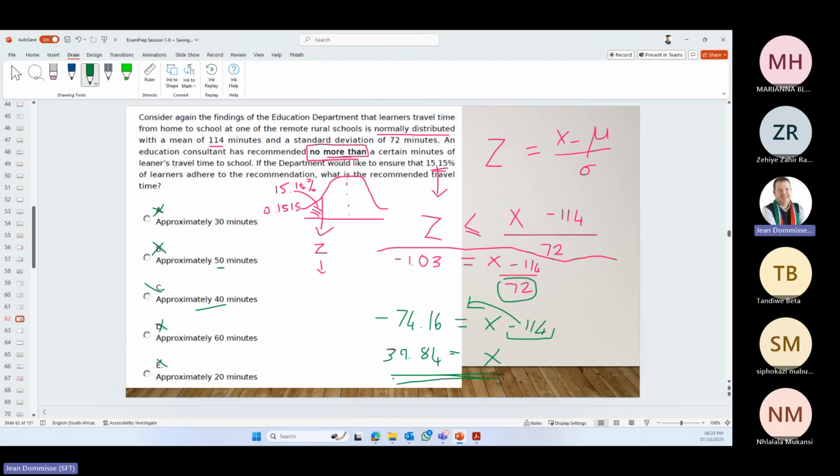Different question, but we used the Z with a probability to get the Z, then we used this formula to, in the end, get the X that we're looking for. Just to be honest, I hate this.